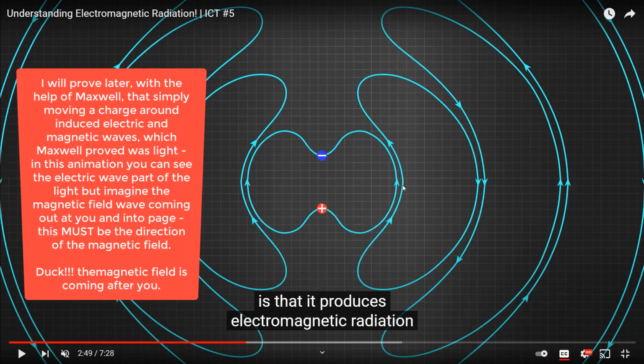If you're at this point here, that means the magnetic field is coming out towards you, out of the screen and into the screen. So it's coming out, it gets to its maximum value, and then it retreats, goes back into the screen, becomes 0, and then goes back into the screen on the other side. Okay, so that's how an electromagnetic wave works.